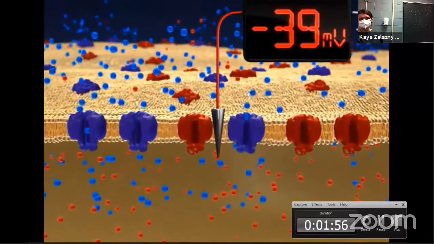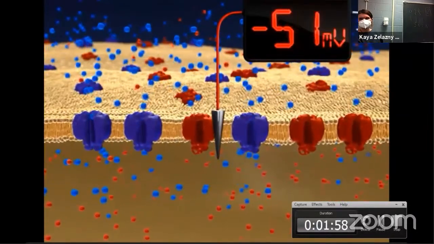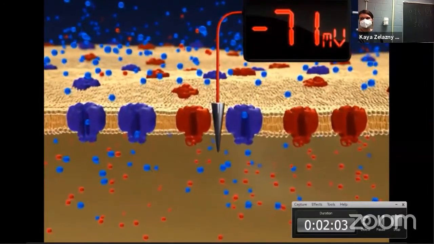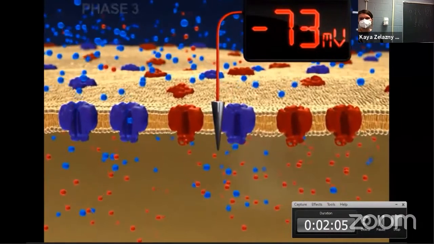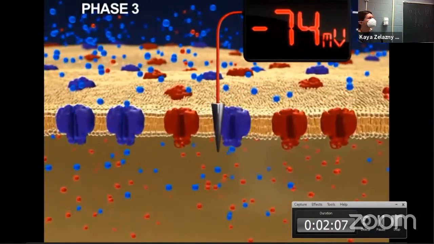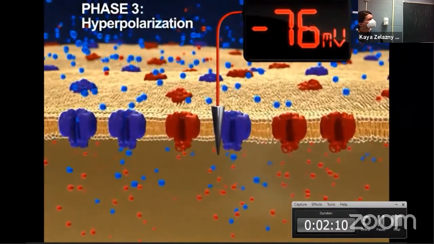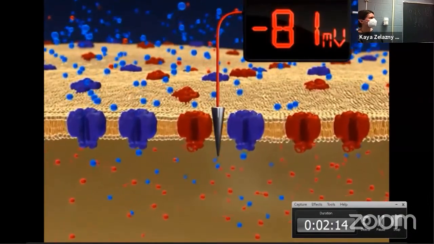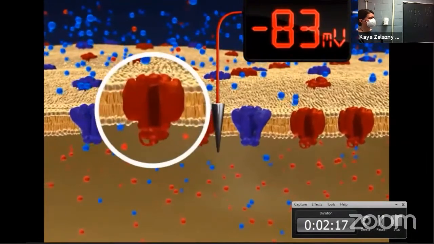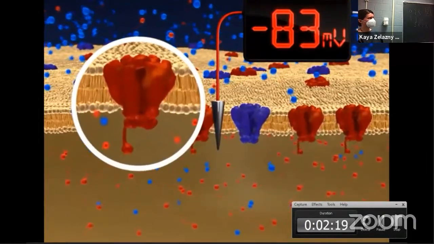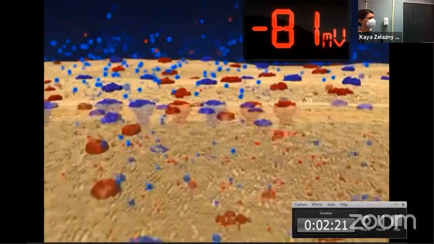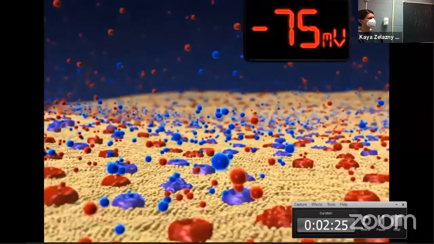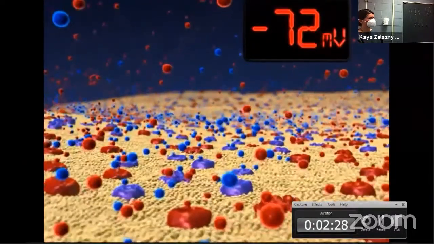However, the membrane potential continues in the negative direction, going beyond the resting state of -70 millivolts. This marks the beginning of phase 3 of the action potential, known as hyperpolarization. During this phase, voltage-gated potassium channels close and all voltage-gated sodium channels are released from inactivation. By the end of this phase, ions move through leak channels only, and the membrane potential returns to the resting state of -70 millivolts.